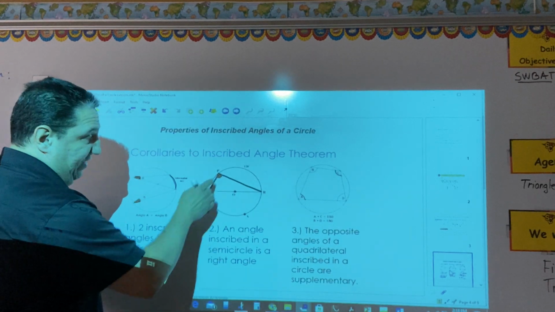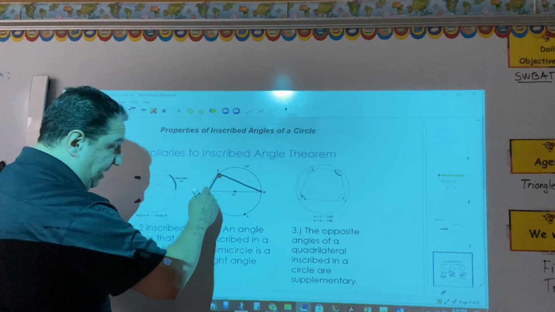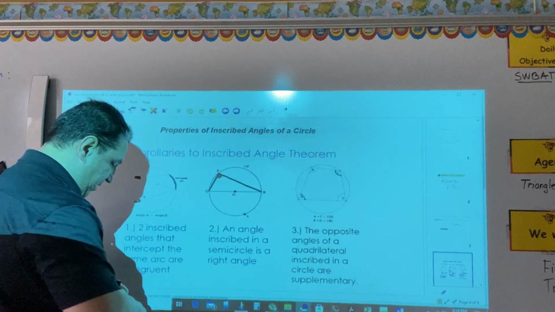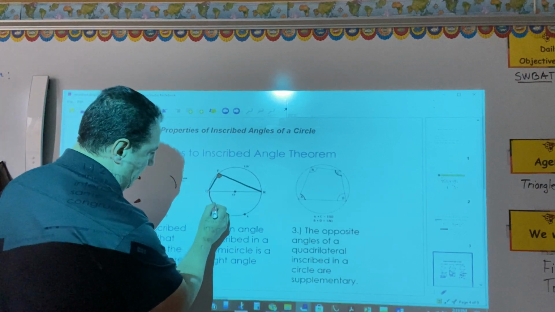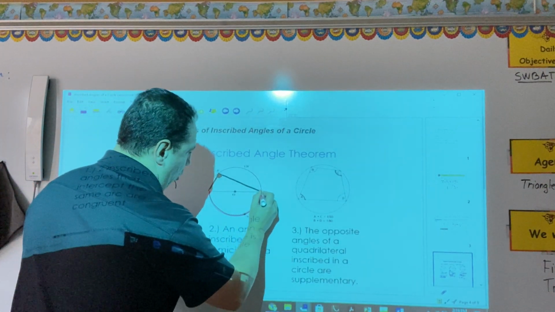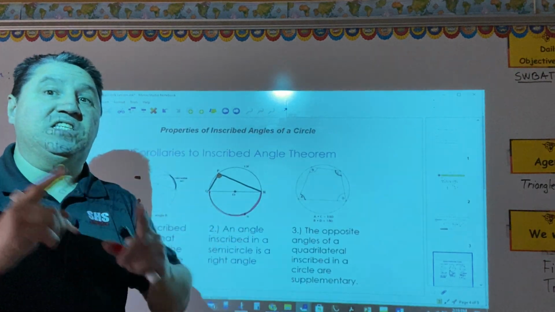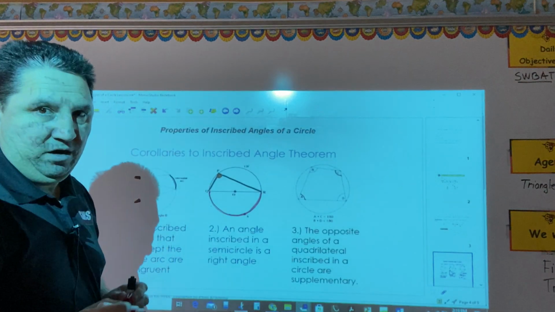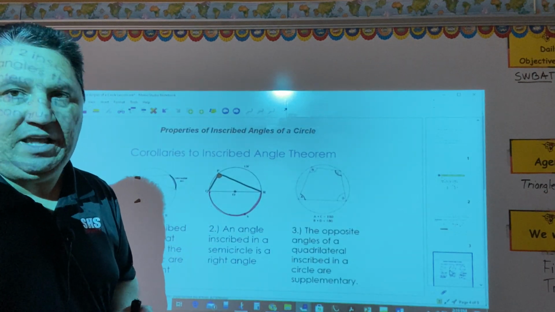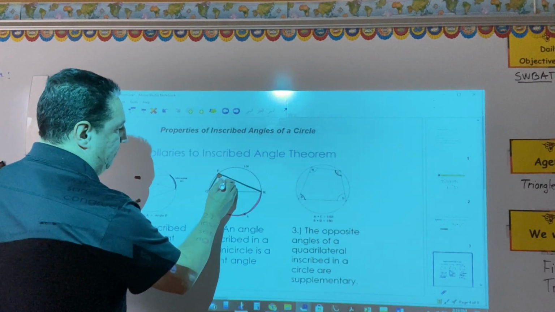Now, if this angle is inscribed in a semicircle, like this, or if its intercepted arc is a semicircle, then this inscribed angle is a right angle. Yeah, this is 90 degrees.